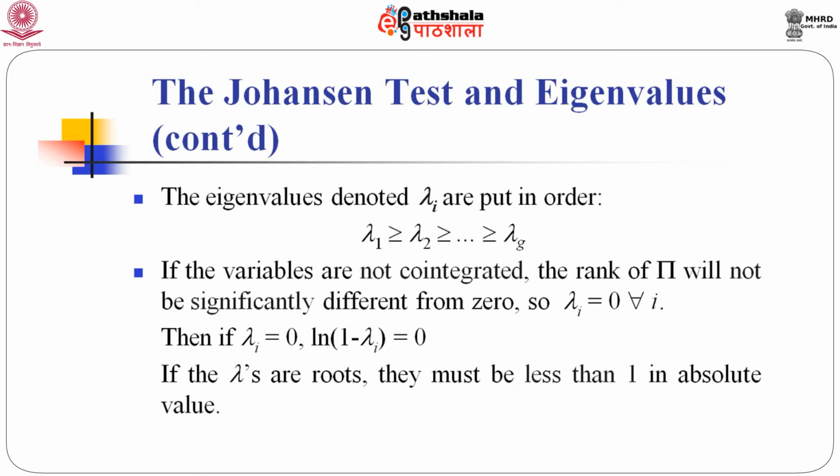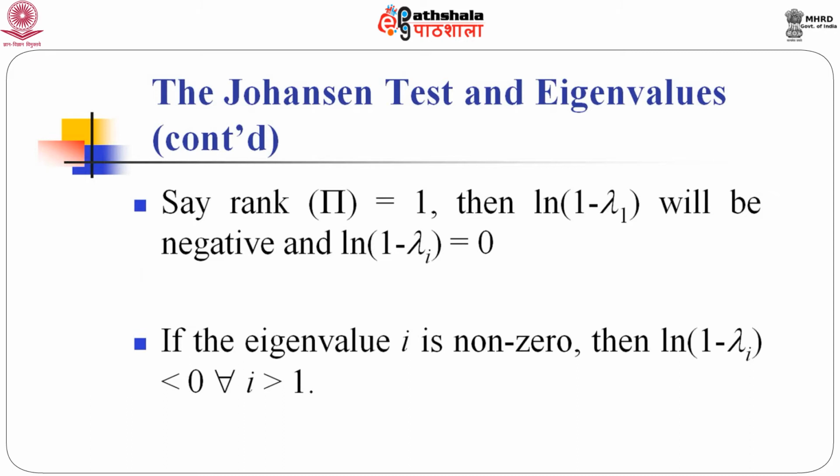If lambda has roots, they must be less than 1 in absolute value. If the rank of the pi matrix is 1, then 1 minus lambda 1 will be less than 1 and log of 1 minus lambda 1 will be negative, while the others are 0. If the eigenvalue i is non-zero, then log of 1 minus lambda i is less than 0, for all i greater than or equal to 1.